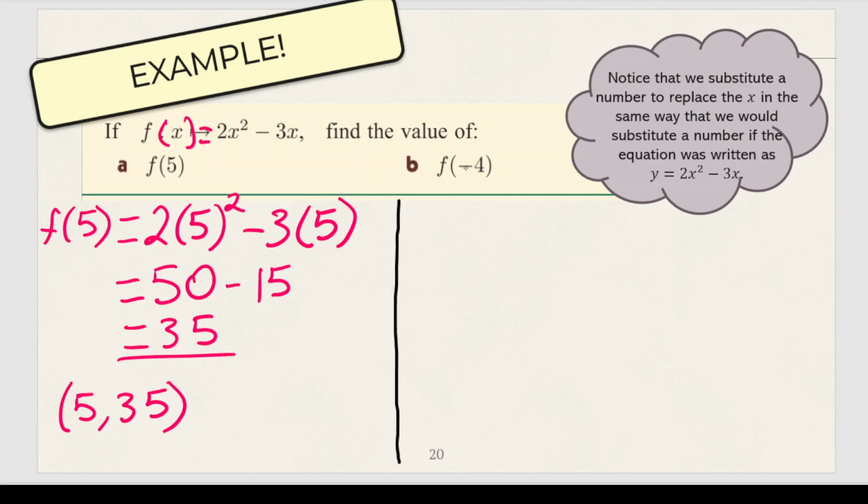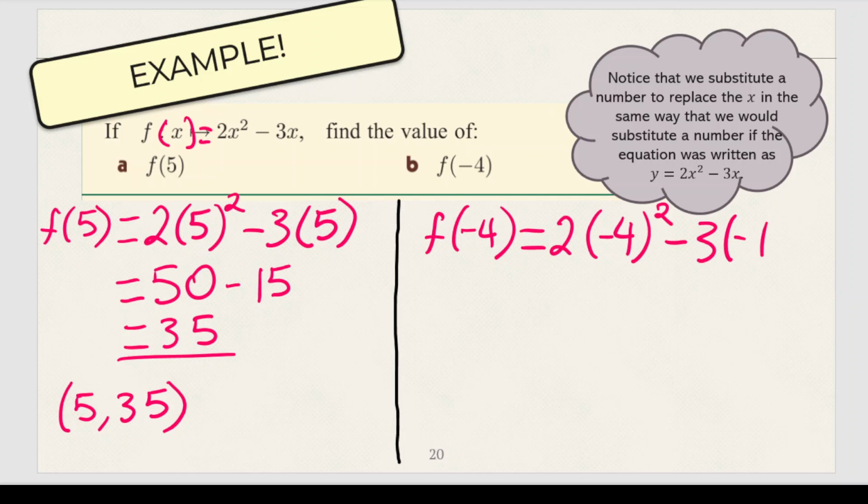Find the value of f of negative 4. Simply, we just go the same process. 2 times (negative 4) squared, take away 3 times (negative 4). Noticing that the negative 4 is just going in where the x's were. We have 16 times 2 is 32. Take away negative 12.